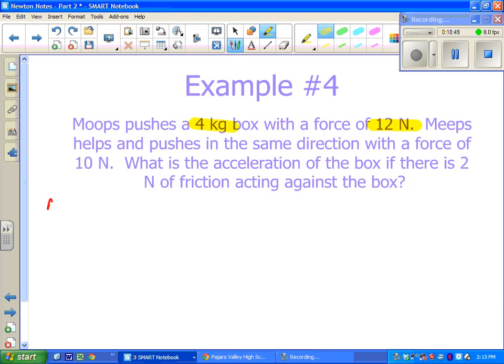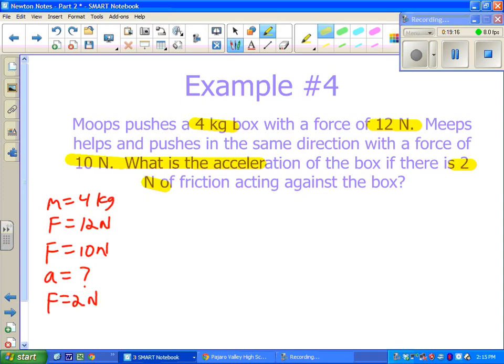So first I know the mass is 4 kilograms. I know there's a force of 12 newtons. I see a force of 10 newtons. I see what is the acceleration. And I see 2 newtons. That's another force.